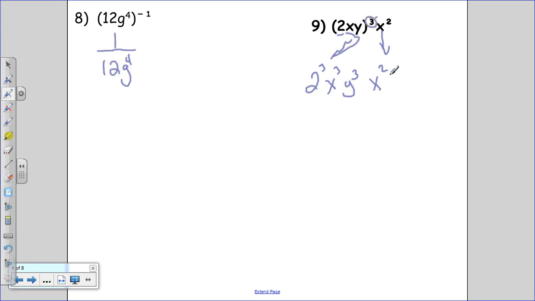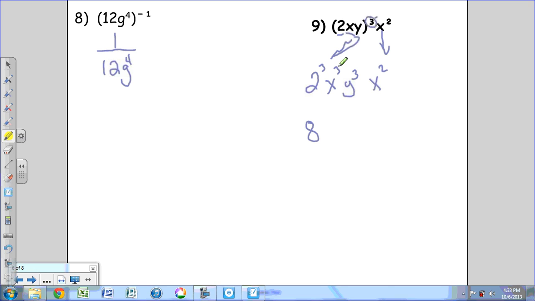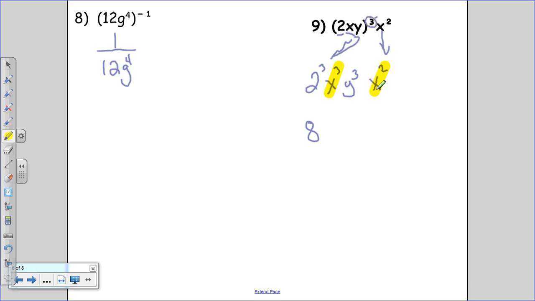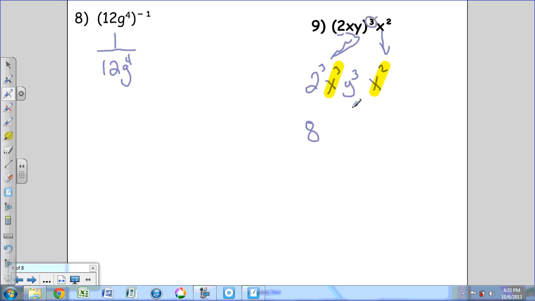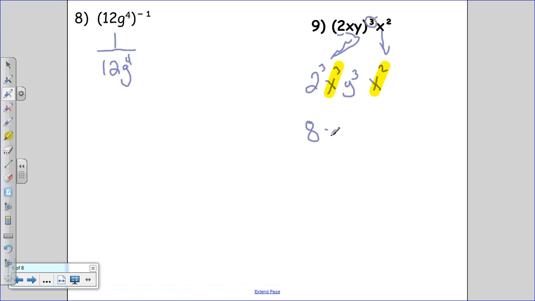Okay, now 2 to the 3rd is 8, so I'm going to go ahead and put 8. But what I have here now is I've got an x to the 3rd and an x squared. Same base, 2 exponents, then I can add those together. So if I have 3 x's here and 2 x's here, I've got 5 x's. And then I just put the y on the end. And that's my answer.